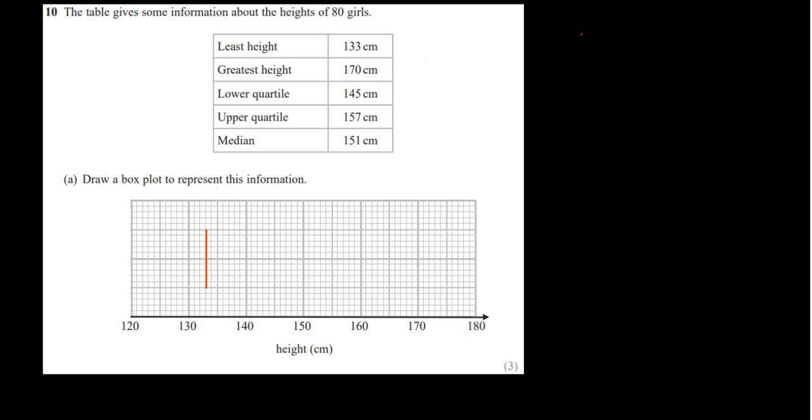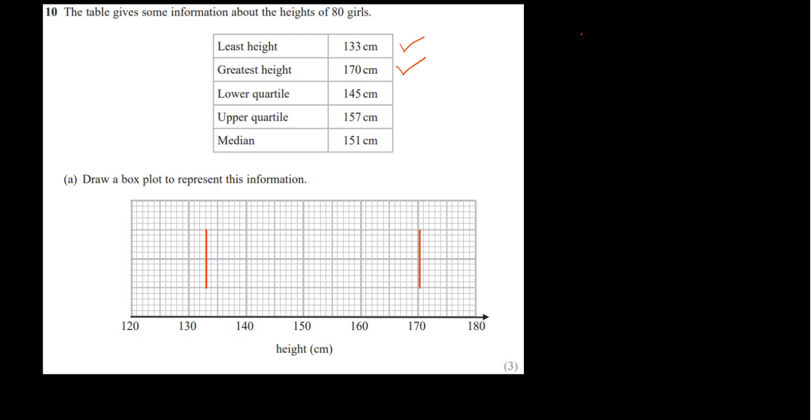Okay, the greatest height is 170 centimeters. I've just done that, so I'm going to tick it off. I'll draw a vertical line on 170 over there. Okay, done that.